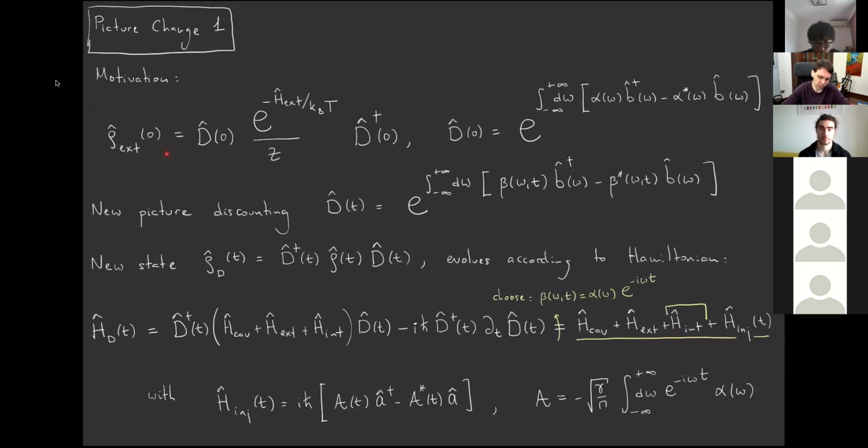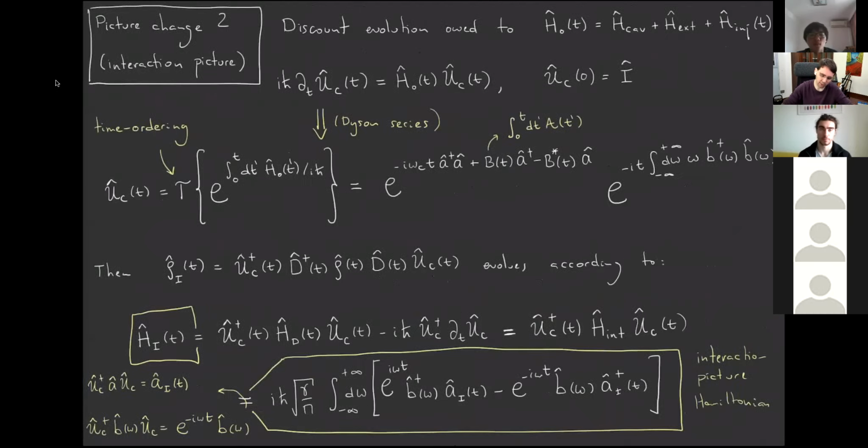The original external state is just the displaced thermal state. After the first picture change, we have discounted the displacement, and we are left only with the thermal state. On top of that, we have made the transformation U dagger U, but this U is just a rotation, and the thermal state is invariant under rotations.